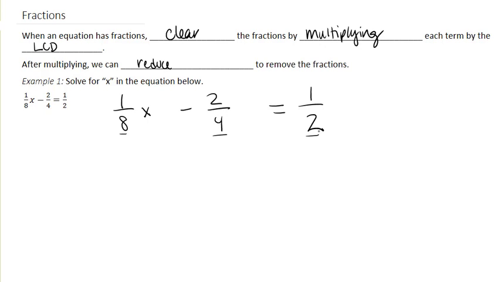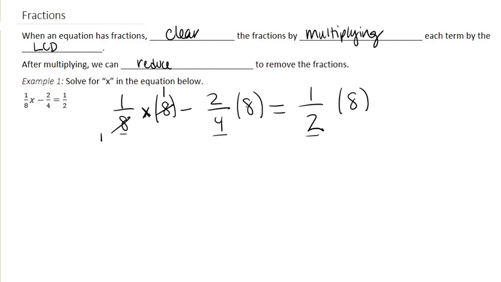And we have to multiply each term by 8 because whatever you do to one term, you have to do to both sides. So here we're going to multiply that by 8, multiply this number by 8, and multiply this number by 8. And so this 8 and this 8 cross out and they each become 1.